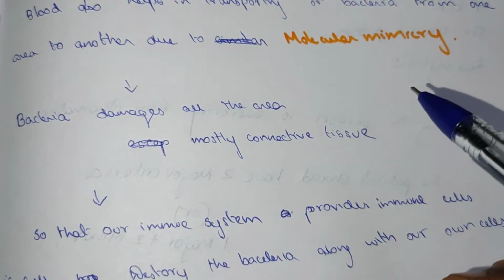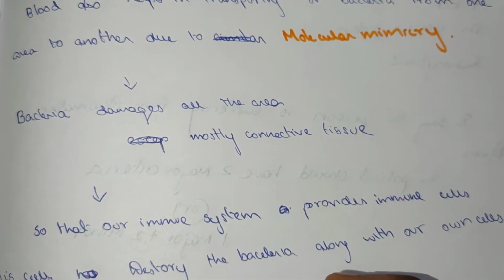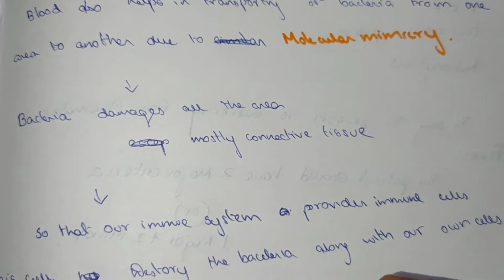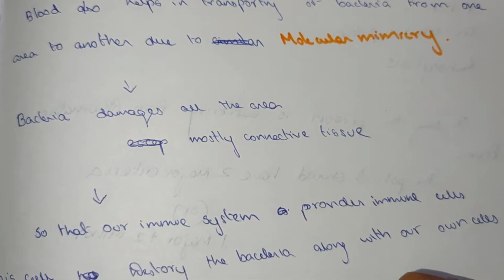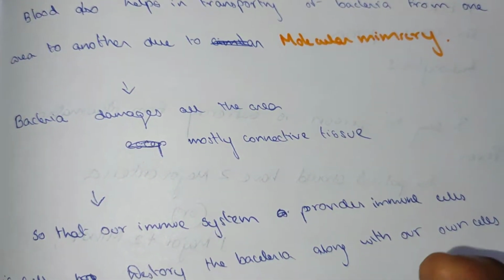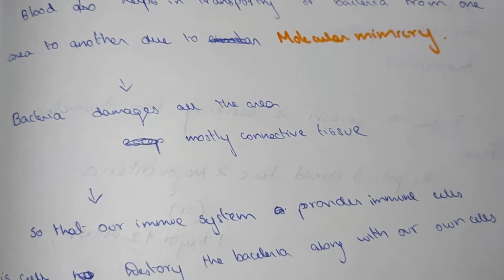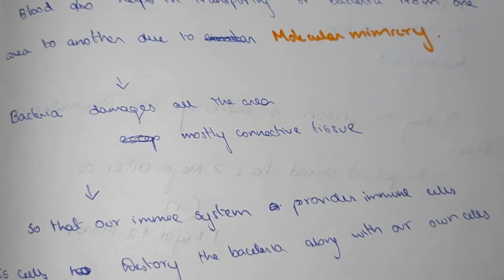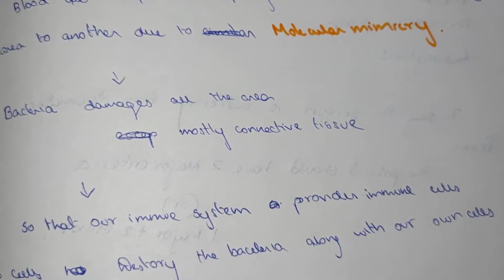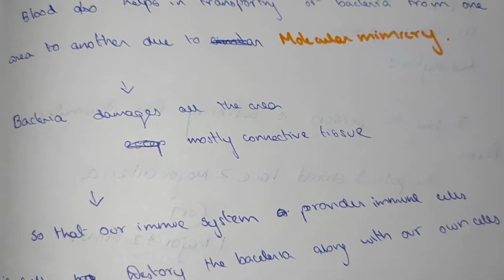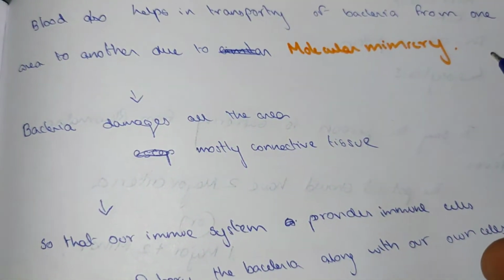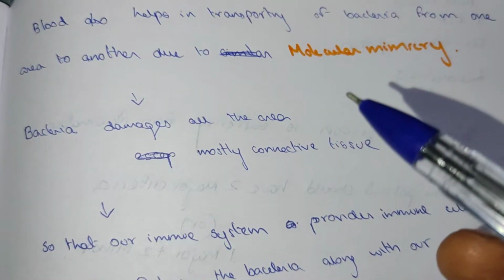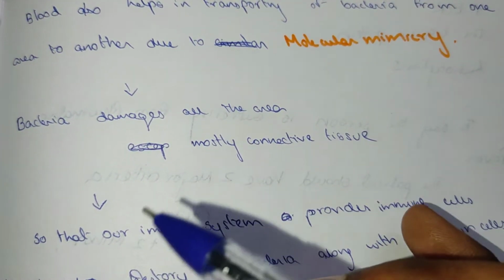The streptococci M protein and actin and myosin look similar, which is known as molecular mimicry. Because of this similarity between the streptococci and our connective tissue components, the blood helps in transferring the bacteria to other parts of the body.